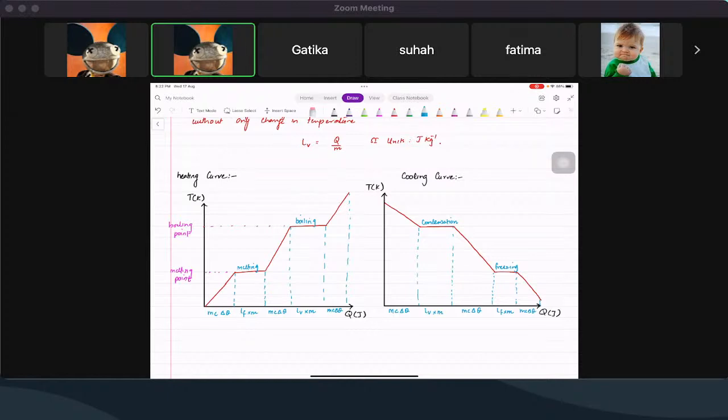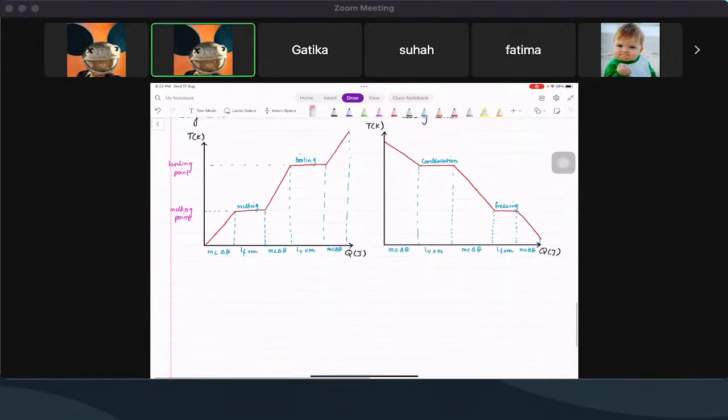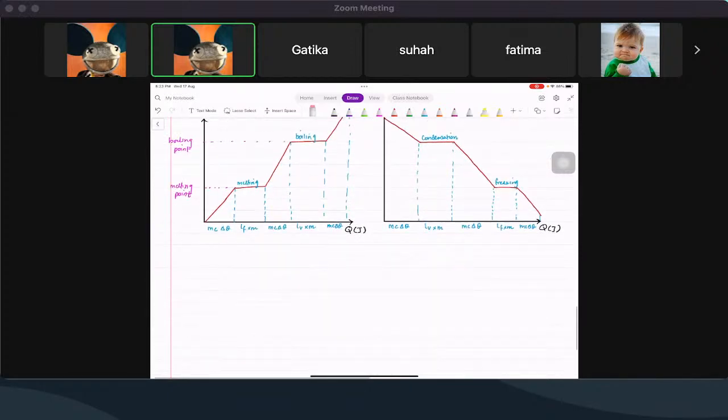Now, before I go to their experiments, I just want to do some questions with you so that you understand what I mean by these curves. Okay. So, example 1.